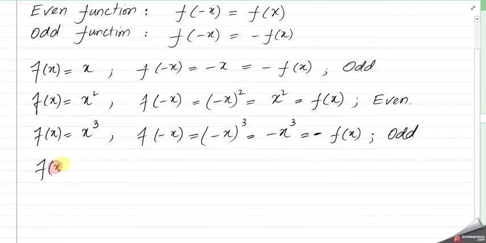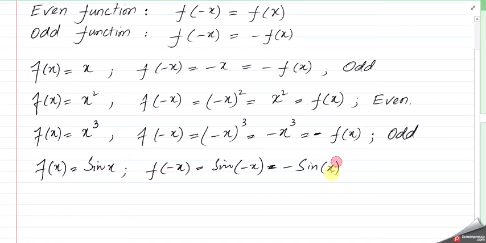Let's see one or two trigonometric functions which are very famous ones. What about sine x? f of minus x is sine of minus x. We know from trigonometry that when there is a minus sign inside sine, it can come outside. So sine x is an odd function.